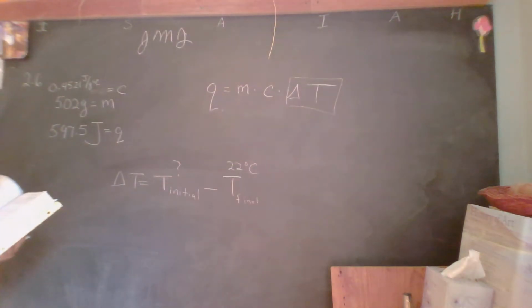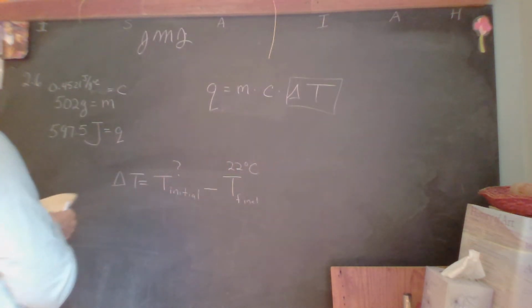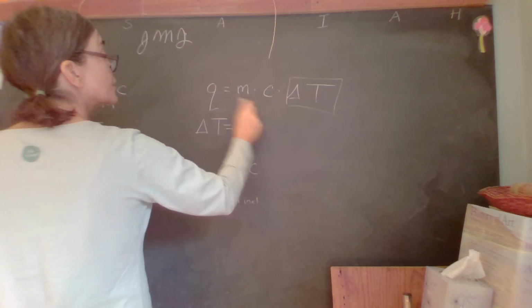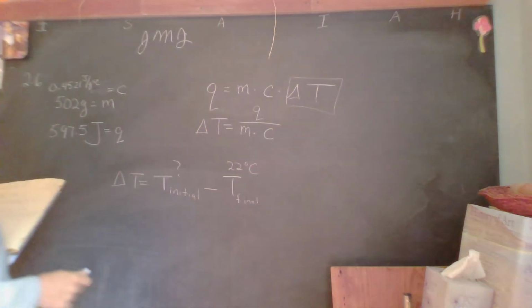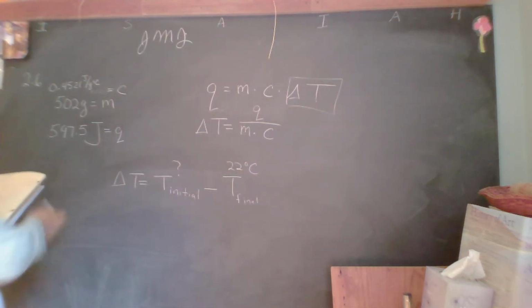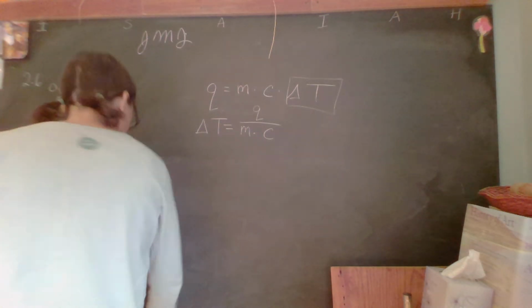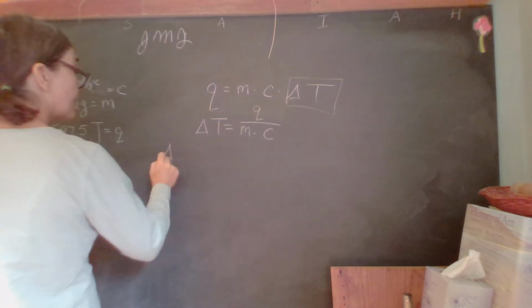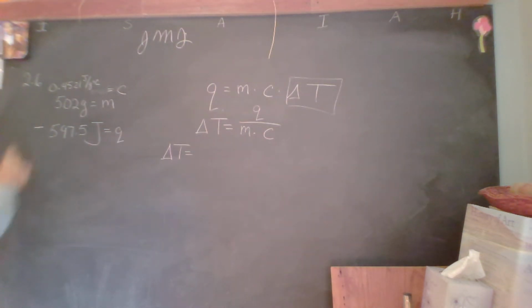So we're going to use algebra now to make this equation look like what we want. We're going to say delta T equals Q divided by M times C. All right, so now we're going to plug in, and I'll come back to this later when we are ready to solve for delta T. So delta T is going to be equal to, okay, so this is going to be a negative Q, all right?